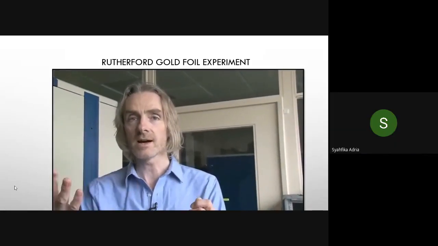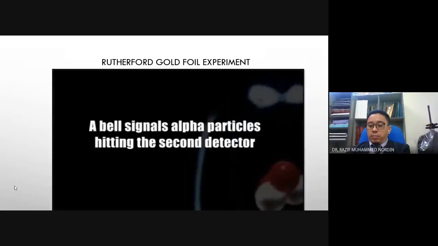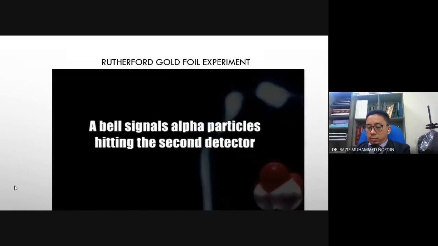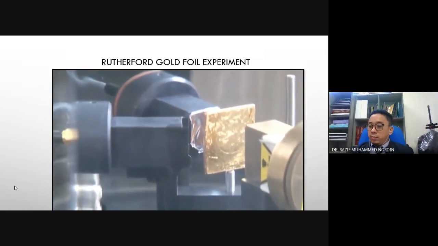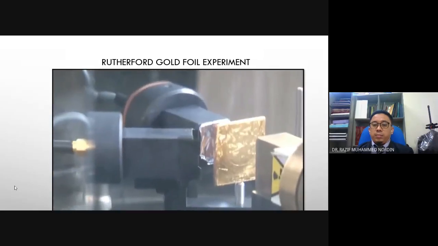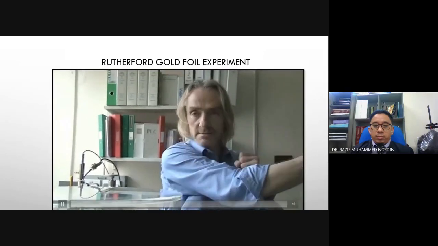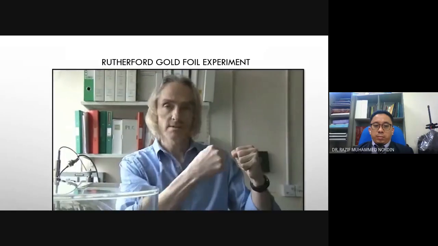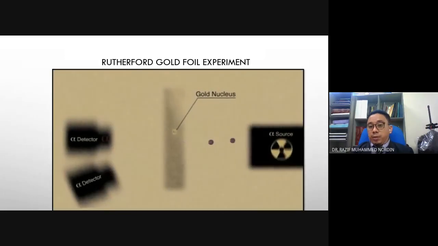The electron is very important. Ini schematic diagram dia.